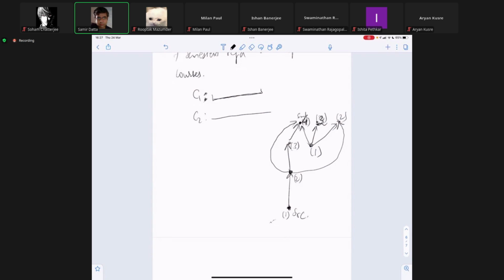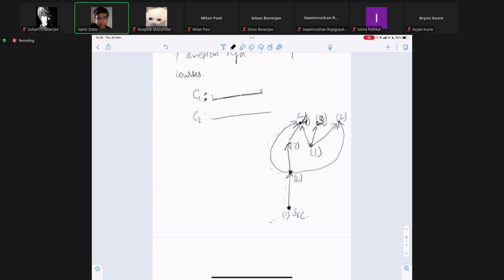So let me try to. The shortest path from this node to this node is just 2 courses, correct? You can go from here to here, and then from here to here. Maybe in the next class, I will reverse the pointers, which makes this more transparent.